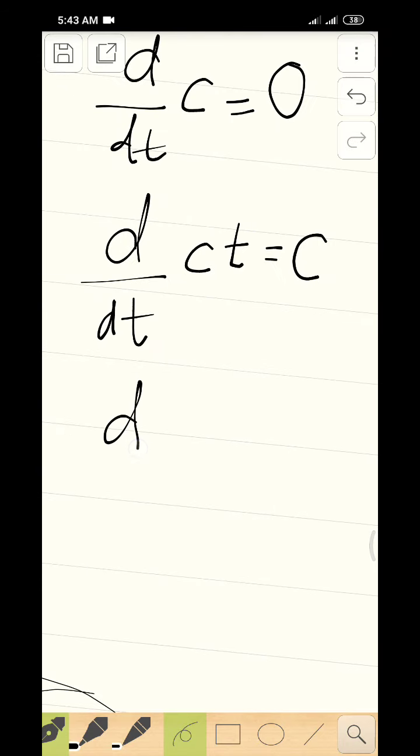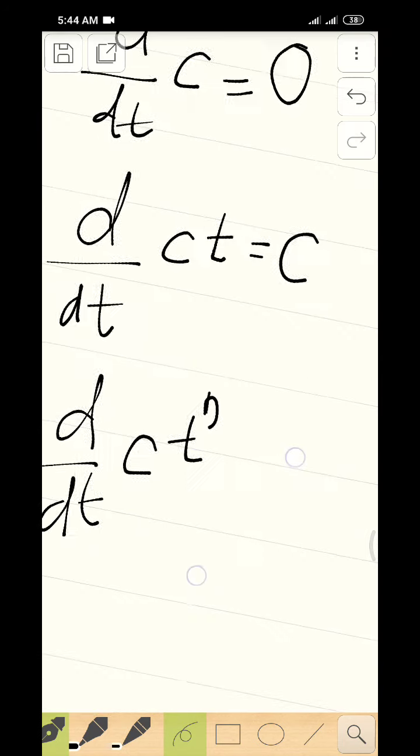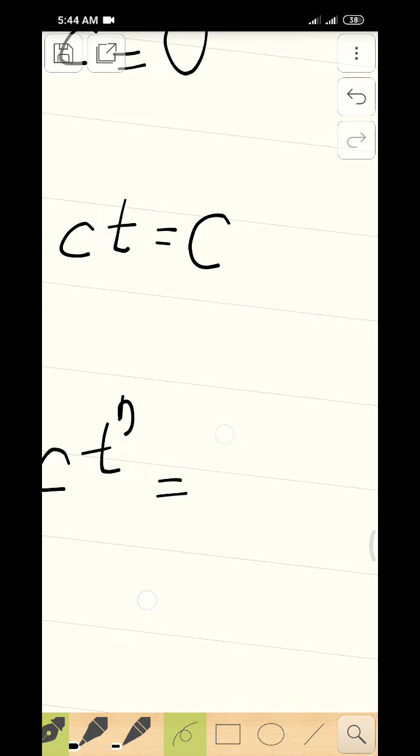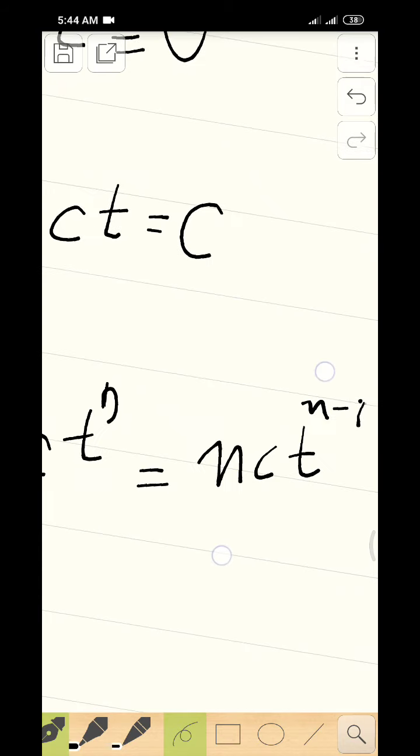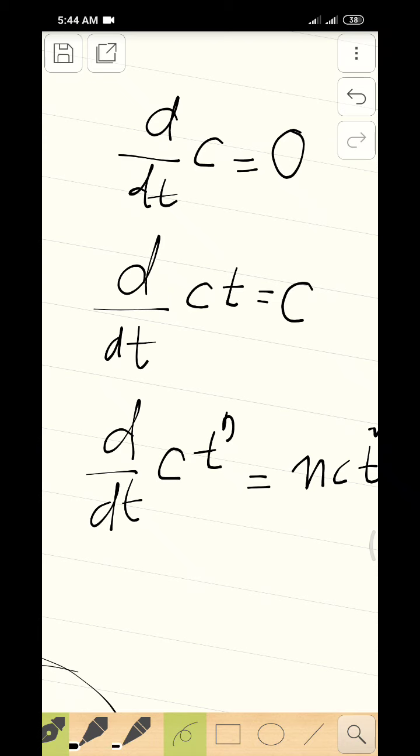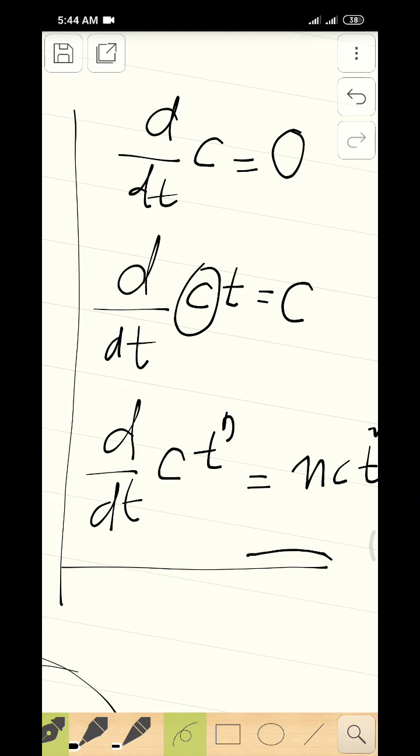Suppose d by dt of a constant c into t raised to n will always be equal to n into c into t raised to n minus 1, where you can put any constant for c, even an acceleration term, such as 3 i cap, 4 j cap, anything. So these identities you should remember.